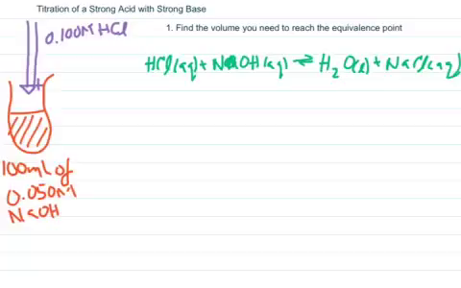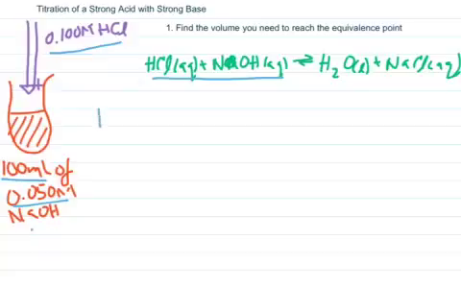Now once I've done that, I'm able to go from the volume of my base to the moles of my base. From the moles of my base, I can go to the moles of acid, and then from the moles of my acid to the volume of my acid that I'm going to use to get to that equivalence point. So here we go. I have 100 milliliters. I'm going to convert it into liters.